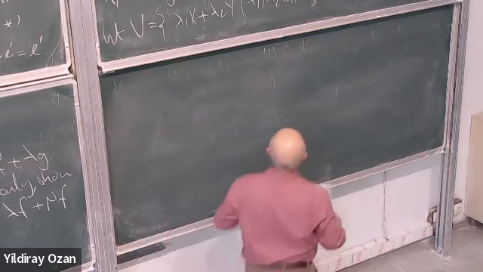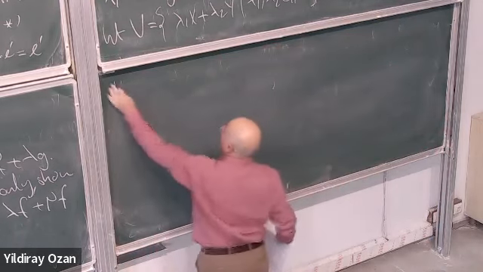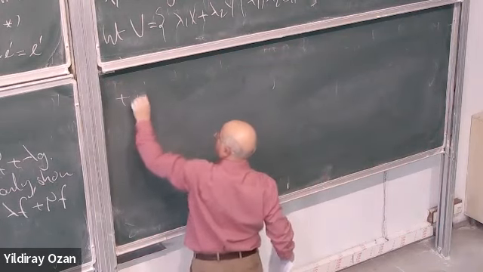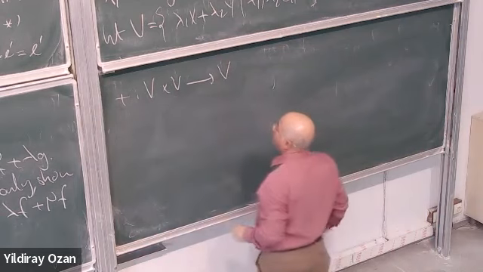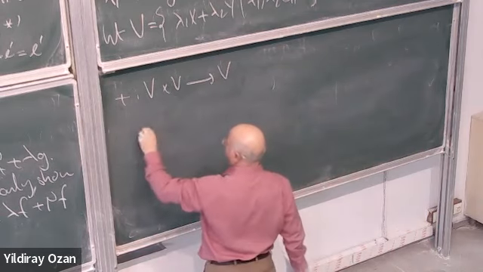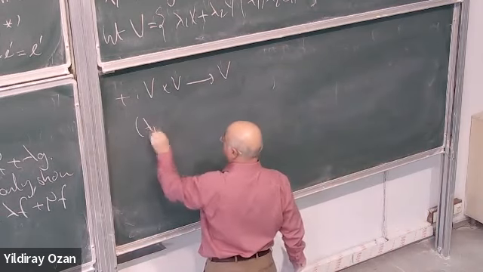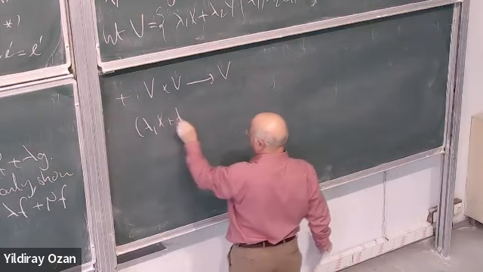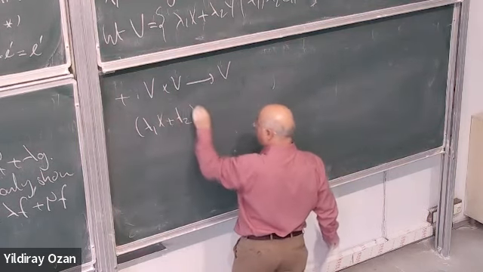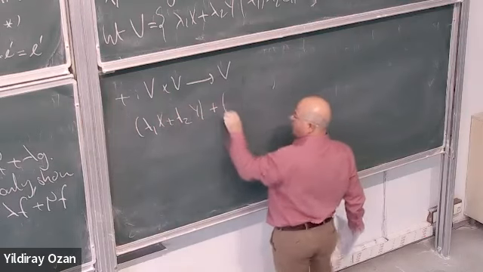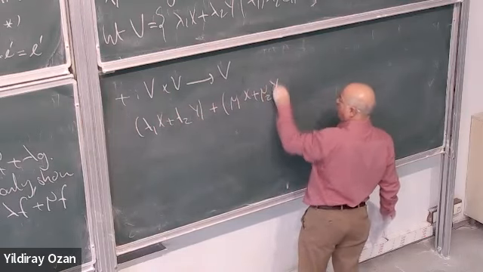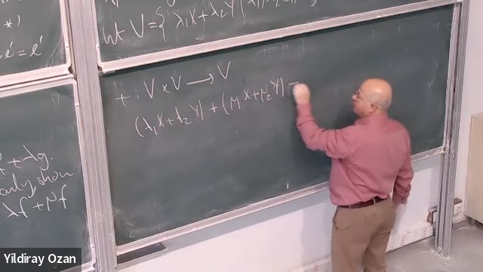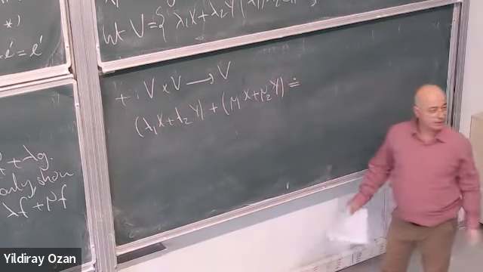Okay, how do we define the addition operation? It will be an operation on V. So if I take two elements like this, let's say lambda 1 x plus lambda 2 y, plus mu 1 x plus mu 2 y, now I will tell you what this is. I will define this here.